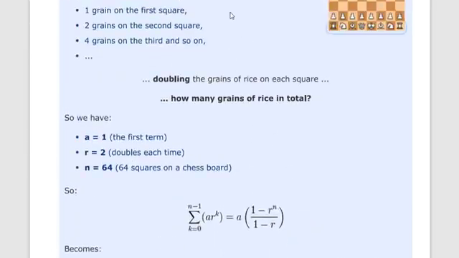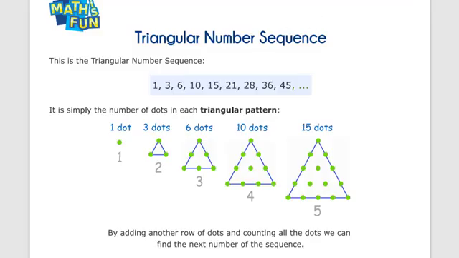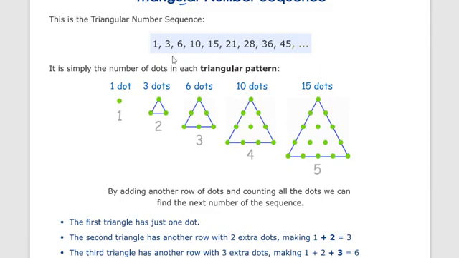Okay, the next type of sequence is the triangular number sequence. We already discussed the triangular number sequence in the last lecture. So what is the triangle pattern? We only have to add the number of rows and count the number of dots. So we make a triangle and add rows, one by one.